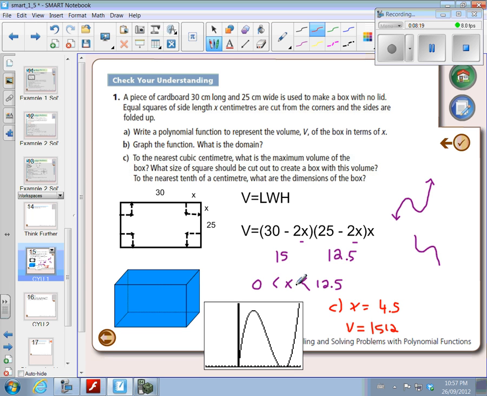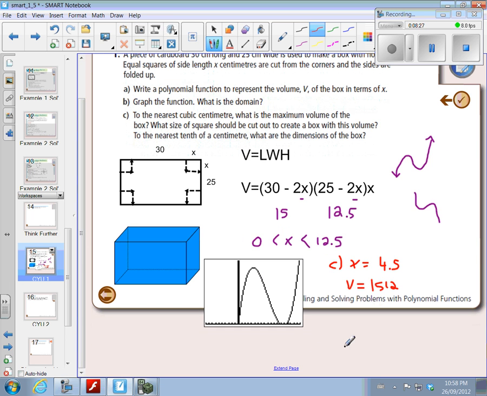Well, to get to the dimensions of the box, you would utilize the expression for volume that you had originally. So, for example, the length would be 30 take away 2 times x, and we said x was 4.5, so it'd be 30 take away 2 times 4.5, which would equal 30 subtract 9, the new length that would enable a maximum volume of 1512 cubic centimeters.